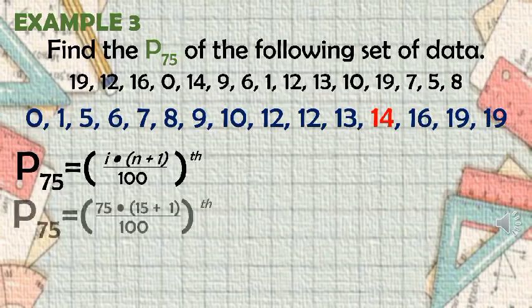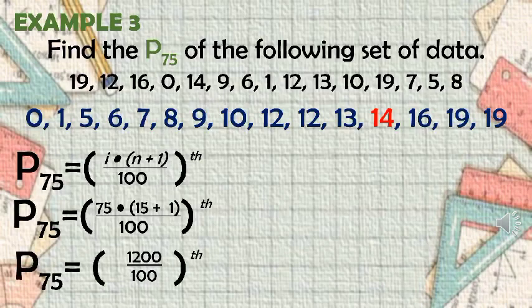Now we have percentile 75 is equal to 75 times 15, number of samples, plus 1, over 100. So 15 plus 1 is 16, times 75 is 1,200, over 100. So 1,200 divided by 100 is 12.